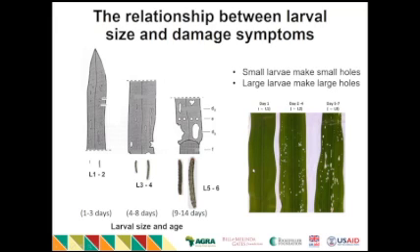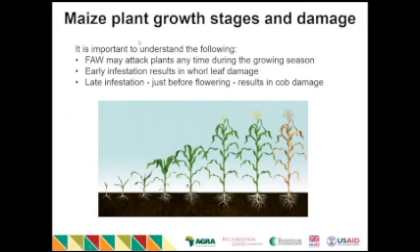That also explains to you the timeline that farmers need to know and when they need to apply control measures. And I'm not going to spend a lot of time on this because I'm sure most of you realize that depending on plant age, the larval damage and outcome in terms of yield differs.